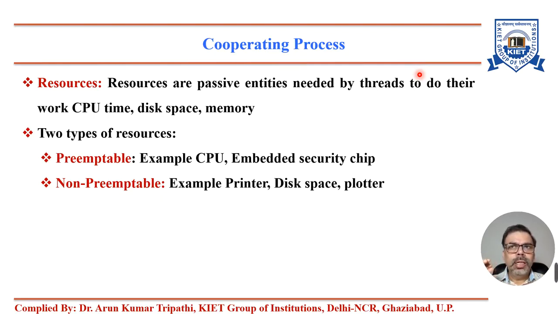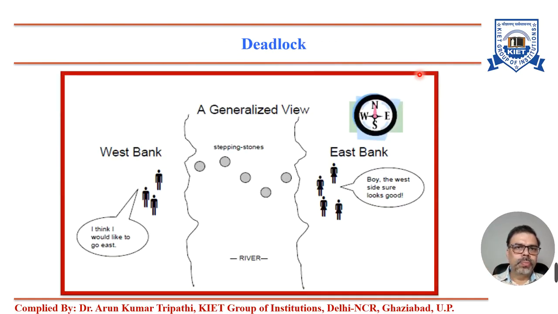So if a resource is allocated to a particular process, it will not be preempted until the process completes its entire execution. So preemptable and non-preemptable are the two types of resources.